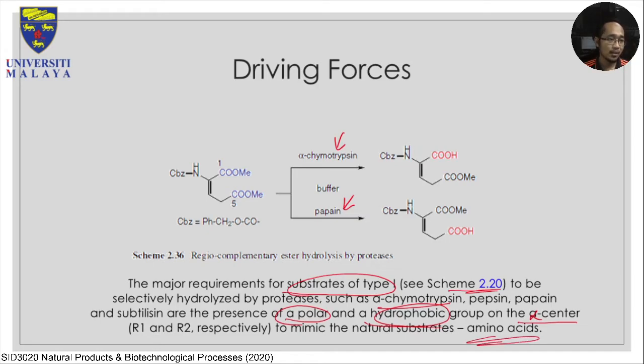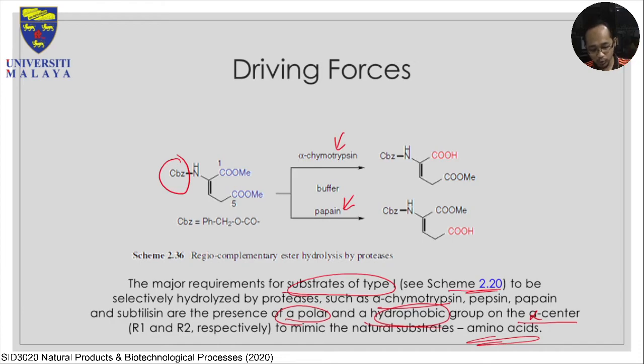So enzymes like papain and pepsin are enzymes that digest polypeptides. But over here, what you can see is the hydrophobic interaction from the CBZ group. This CBZ group is a bit bulky, almost like an alpha phenylalanine. So you can now use a different substrate for this enzyme to actually work.